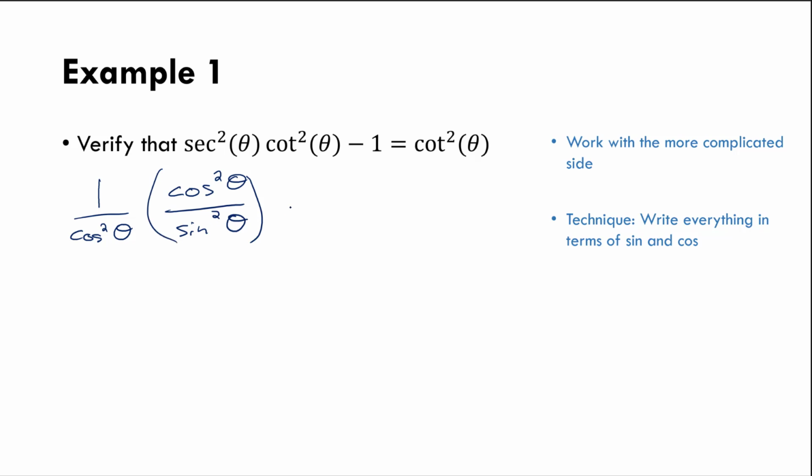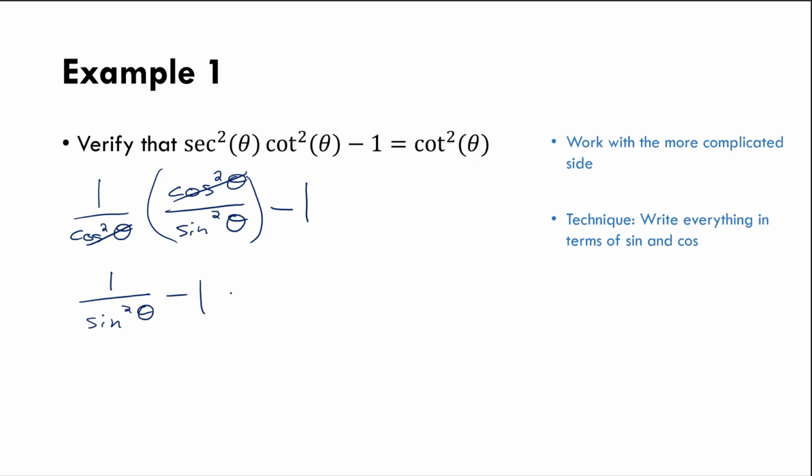And we're multiplying here, and then we have our minus 1. I'm just going to work with this side of my equation. I'm not going to touch the right-hand side at all. Since we're multiplying, my cosine squareds cancel out, and I'm left with 1 over sine squared theta minus 1.